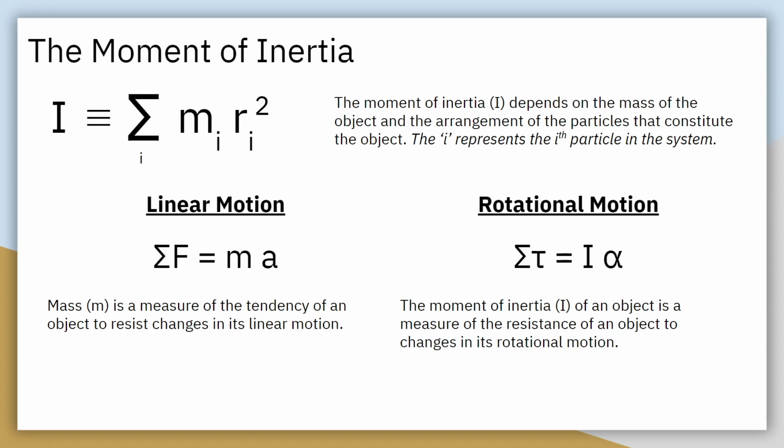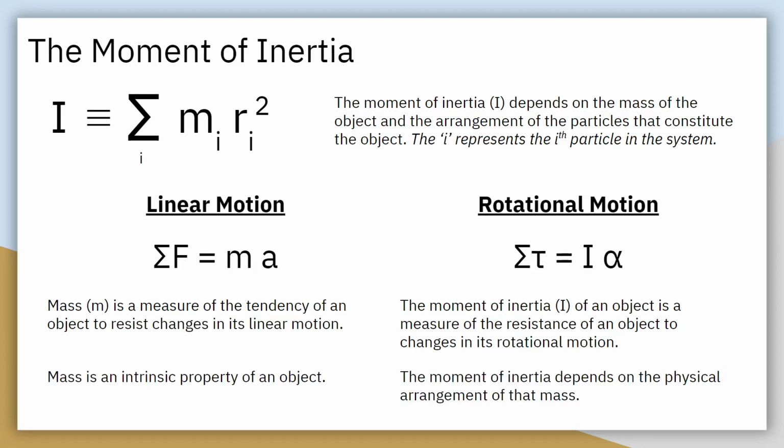The moment of inertia of an object or system is a measure of the resistance of that object or system to changes in its rotational motion. So m, that inertial mass, is the resistance to changes in linear motion, and this capital I, the moment of inertia, or the rotational inertia, is the resistance to changes in rotational motion.